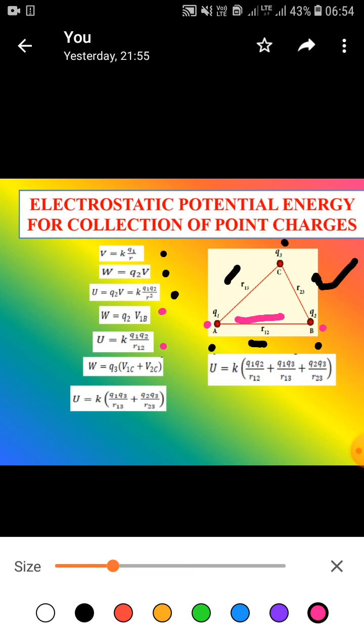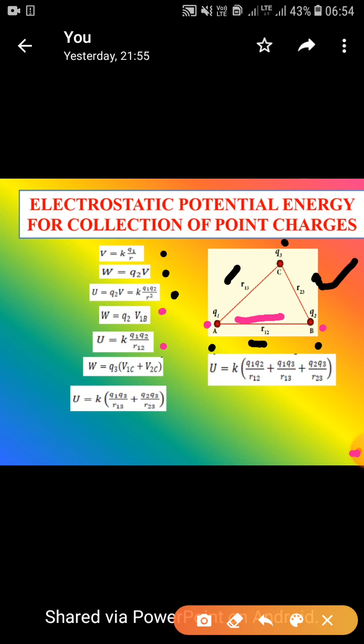And the charge q3. Work has to be done against the total electric field due to both charges q1 and q2. The work done on the charge q3 is W is equal to q3 times V1C plus V2C.